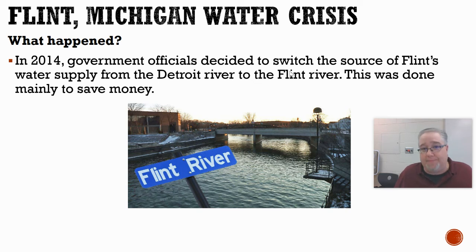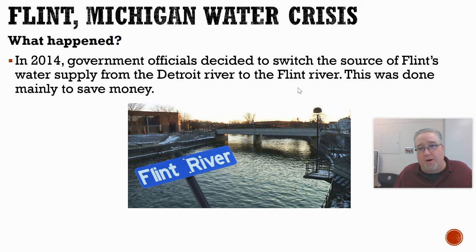For a long time, the city of Flint got its water supply from the Detroit River. Detroit River is a little bit further away from Flint, compared to another river, which is the Flint River, which is much closer to the city of Flint. Now, the reason why they were getting their water from the Detroit River for such a long time was mainly because the Flint River is a little bit dirtier.